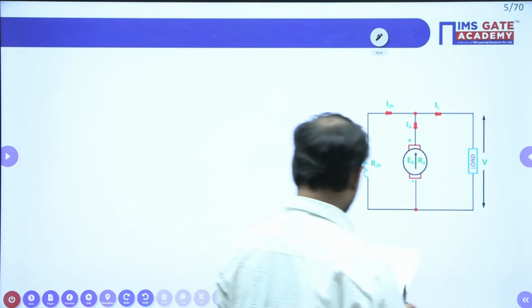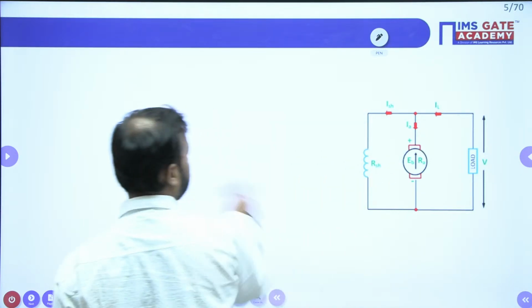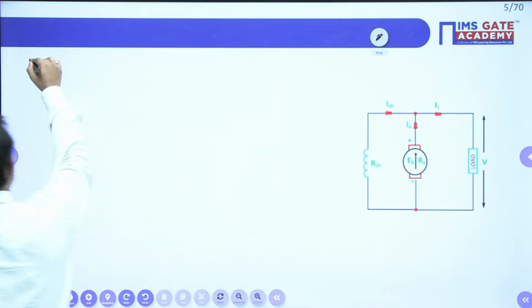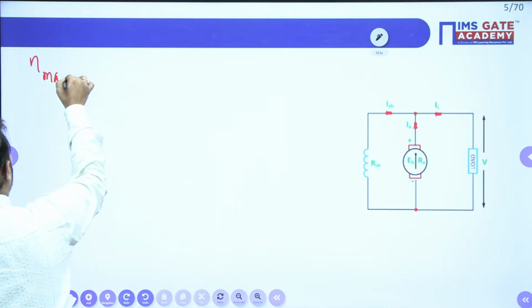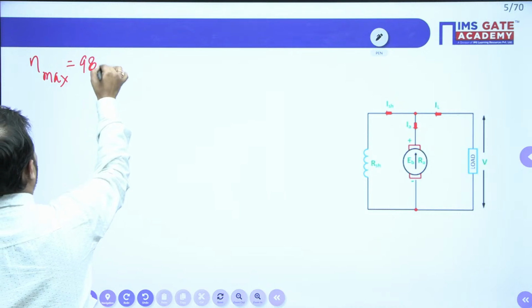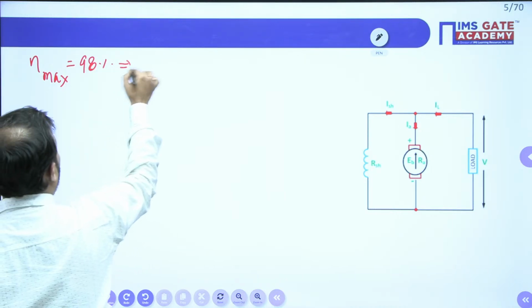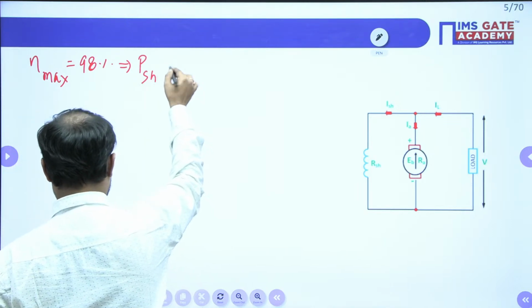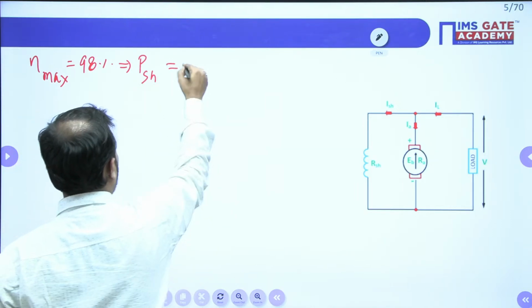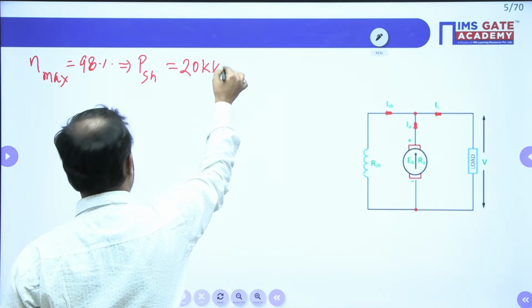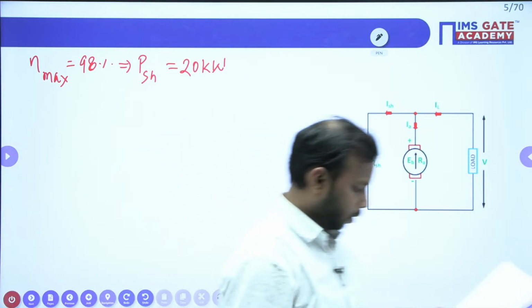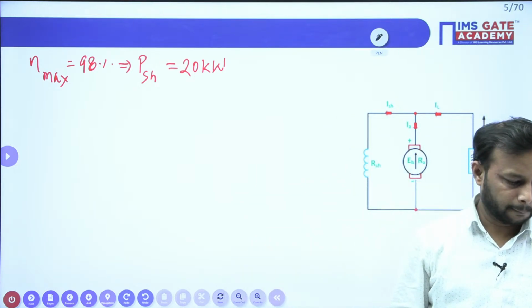So what data we have? We have maximum efficiency. Let me write first as 98%, and this is occurring at 20 kilowatt. Just a second.